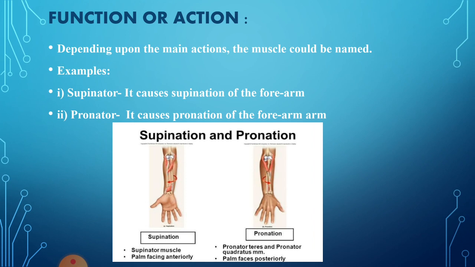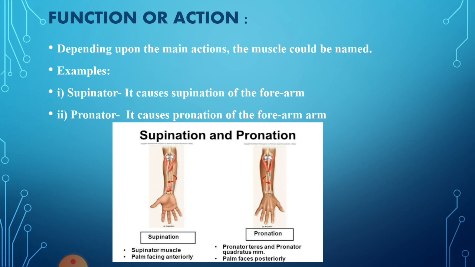The next is on the basis of the action of skeletal muscles. So depending upon the main actions, the muscle could be named, and examples include supinator muscle and pronator muscle. Supinator muscle will cause supination of the forearm, and pronator muscle would cause pronation of the forearm.